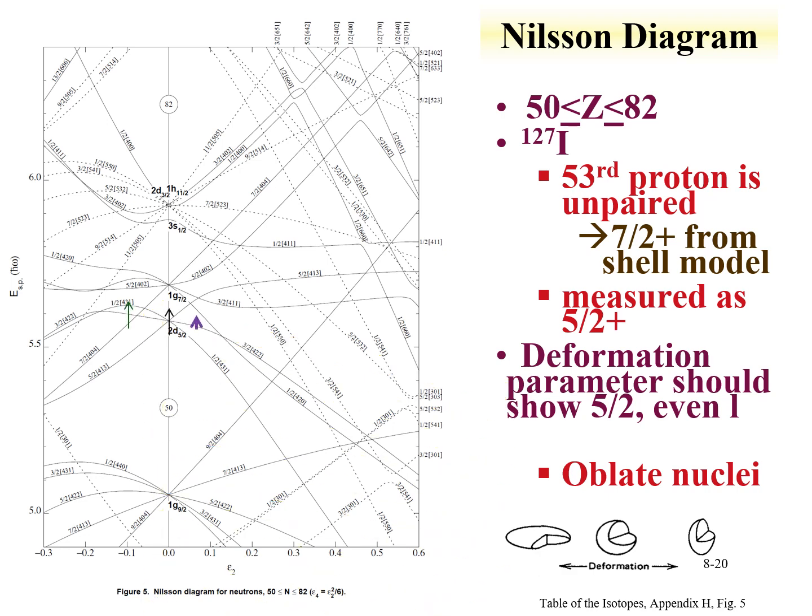If we go to where the nucleus could live, if it's a spherical nucleus, it would be in the 1g7/2. If it's a prolate nucleus, so a positive deformation parameter, the orbital should be occupied as shown by the blue arrow, and that should be in a 3/2 orbital because it's 53.